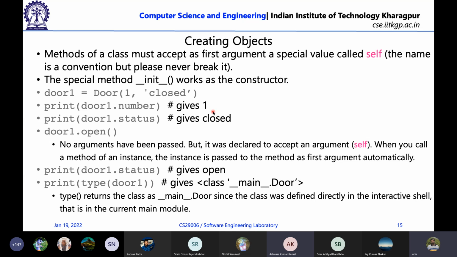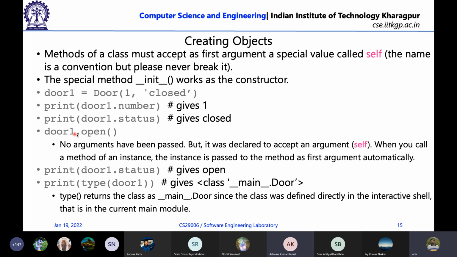I mean, you can do it. I think I have one slide at the very end on how to do encapsulation, but you can very well access them directly. This is the flexibility, but flexibility also brings some downfall, as you will see as you use Python. So door1.number gives 1 because you initialized it with 1, and door1.status gives closed.